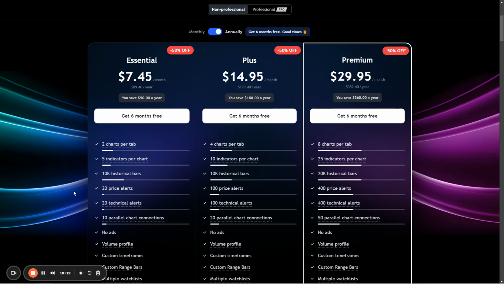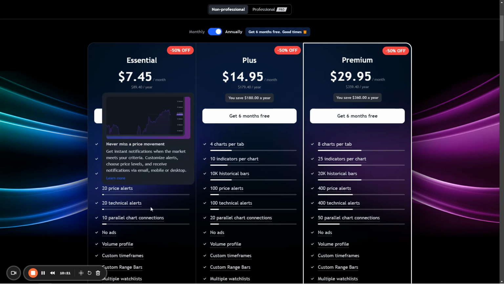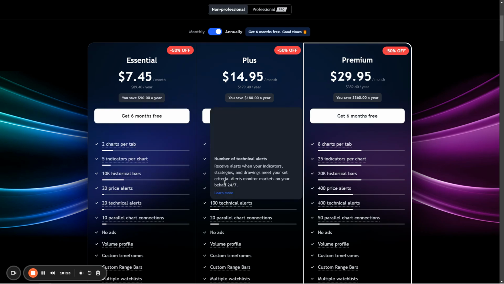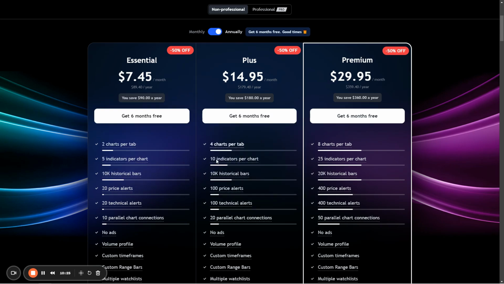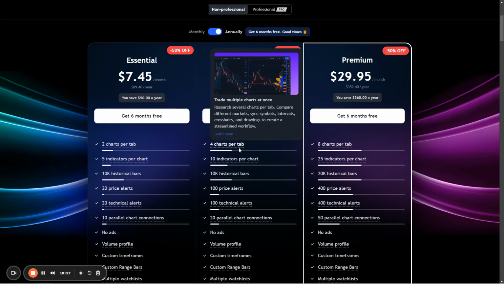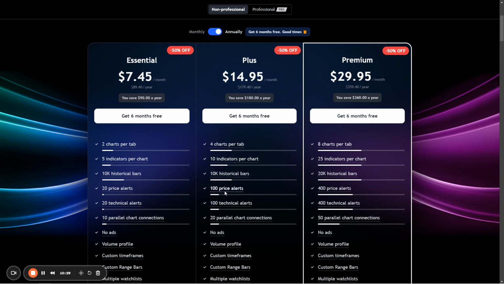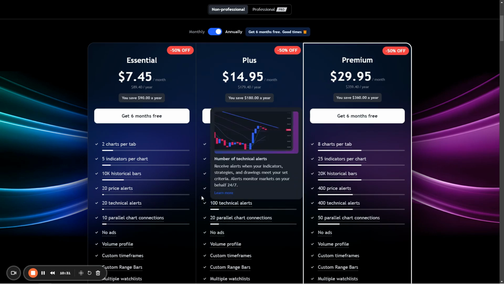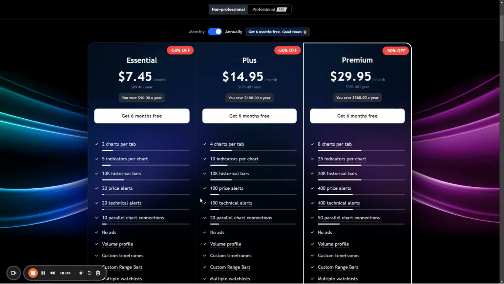Now, when you're starting out and you don't have this, it is great. But the further you advance, the more you're going to realize that this is your natural progression. It absolutely is. You will naturally progress over to here because the technical and price alerts are so much worth the money. I cannot tell you how good that is.